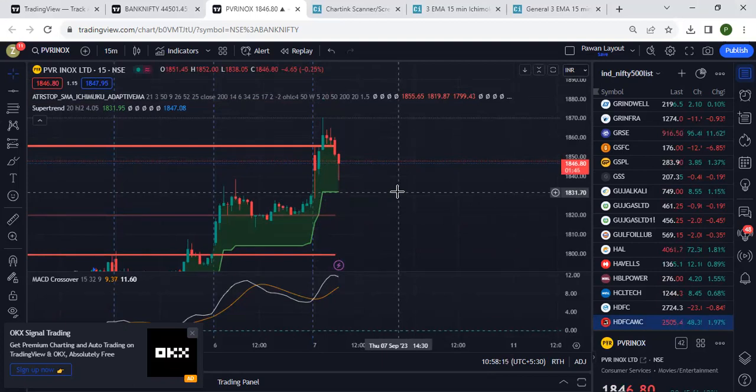So on each dip above 1831, one can pick up the stock further on the weekly basis.